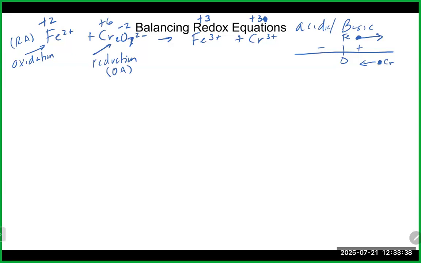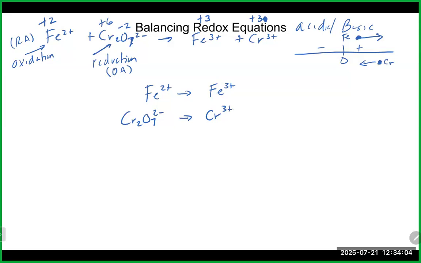At this point, the next thing you want to do is basically just break this equation into its 2 half reactions. To do that, you basically just take element to element, so whatever elements are the same, you're going to put them together. So in this case, we have an iron 2 that's going to an iron 3. And on the second one, we have a dichromate here going to a chromium 3.